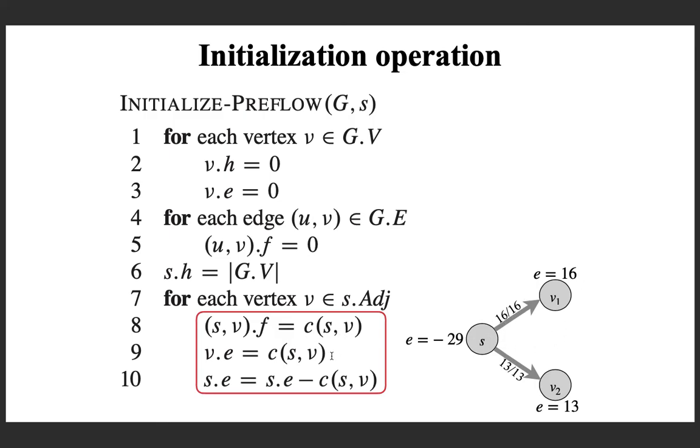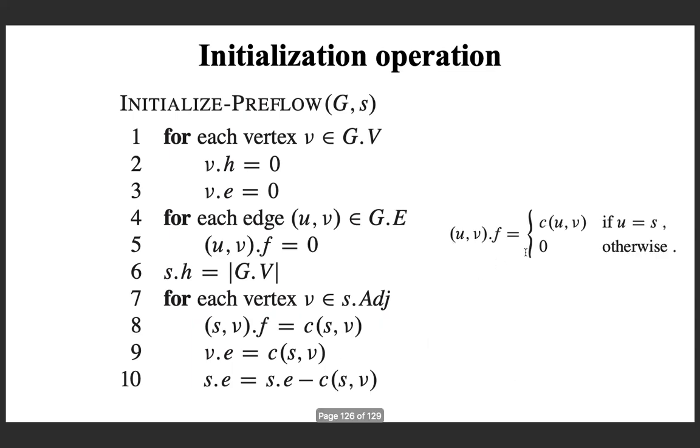You made the flow along all the edges 0, except for the edges leaving the source, where you made it the maximum, the capacity of that conduit. And about the heights, you note that for all the vertices other than the source you made the height 0. For the source you made the height the number of vertices.